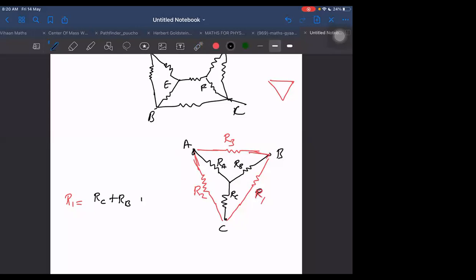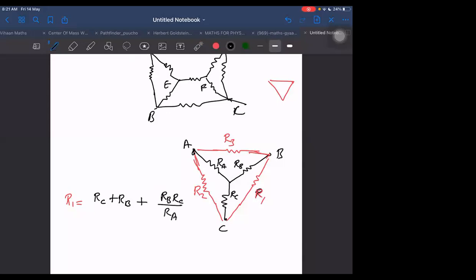So effectively, I have to take RC plus RB plus, here comes our trick now. The third term should have units of resistance, but it should also be symmetric in terms of B and C. That I can get by RB RC upon RA.